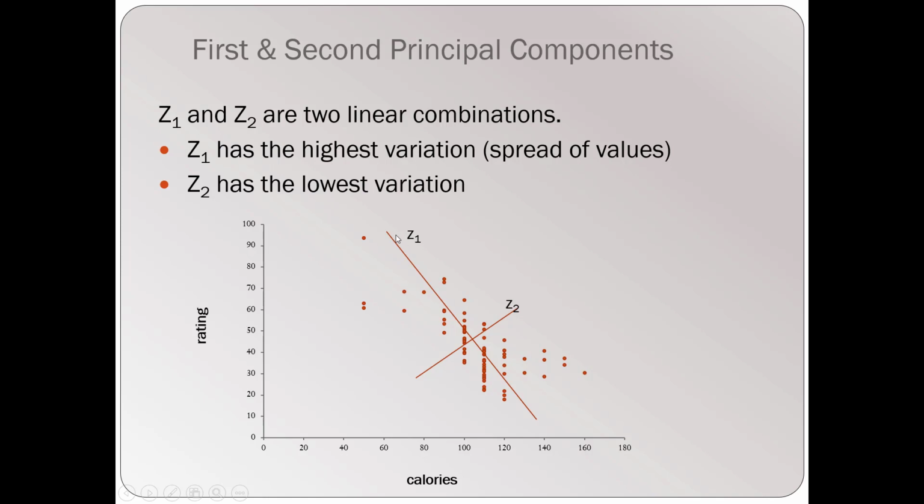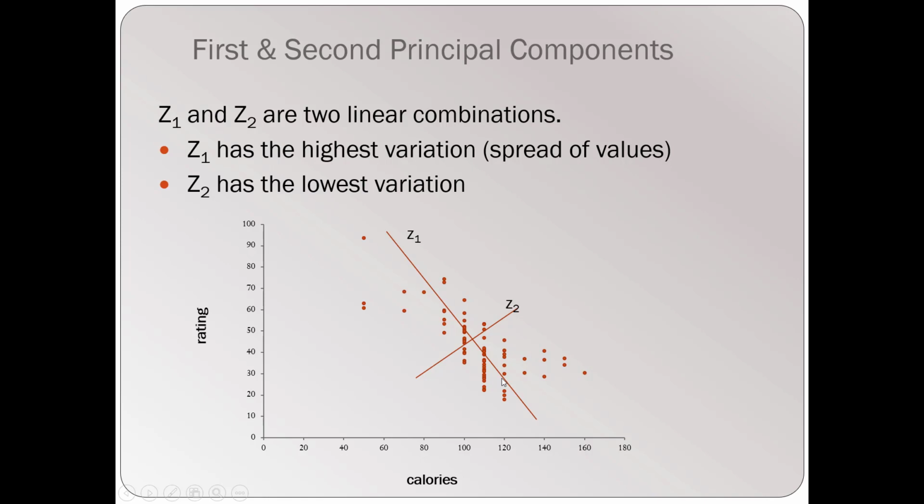So each z1 value will be a combination of calories and rating. Okay, there is a little twist here. So we're going to take the calories and subtract the mean calories, and we take the rating and subtract the mean rating, and then multiply by the coefficient for calories, coefficient for rating, add them up, you get z sub 1.